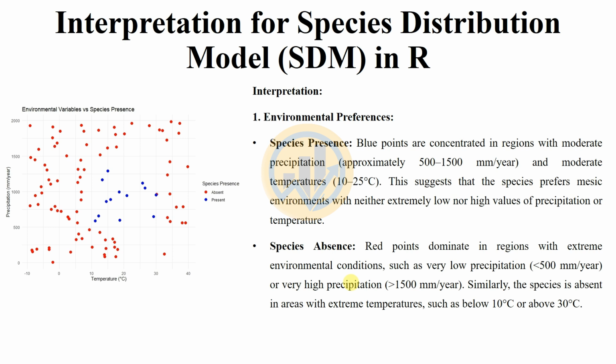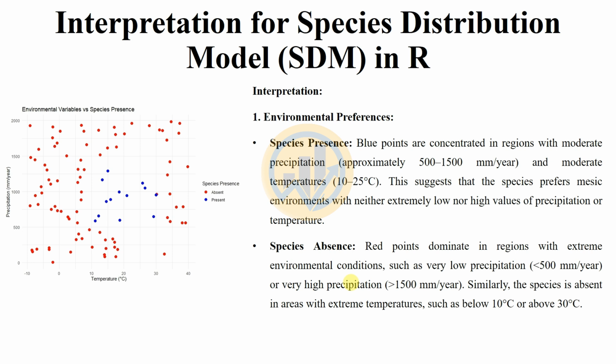The environmental preference. Species presence: the blue points are concentrated in regions with moderate precipitation, approximately 500 to 1500 millimeters per year, and moderate temperature, 10 to 25 degrees. That suggests the species prefers mean environments with neither extremely low nor high values of precipitation or temperature.